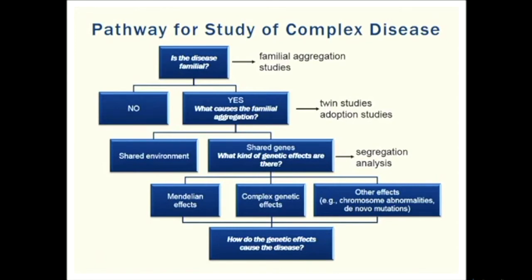And then finally, we want to know how the genetic effects cause the disease. That's where we start doing gene identification studies and functional studies to try to identify the genes themselves and figure out what they're doing to raise risk.